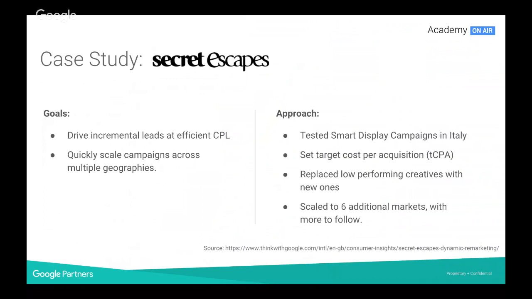Now, what I want you to take out of this, right, is if you are present in a couple of different countries, yes, you can target a couple of countries within that one Smart Display campaign, but mind that, let's say, the audiences who live in Italy and the audiences who live in America are probably very different, right? So it might be a good idea to actually have those in separate campaigns, because what also plays a role here is the competitive landscape of that country.